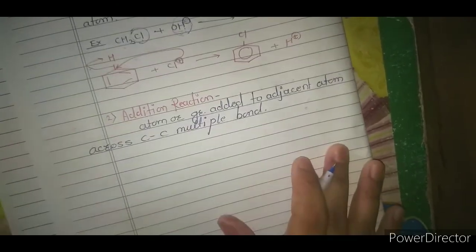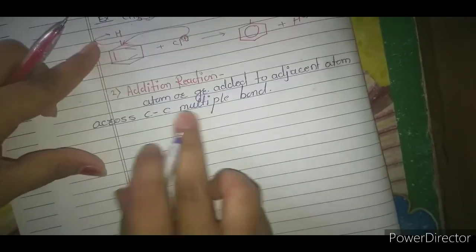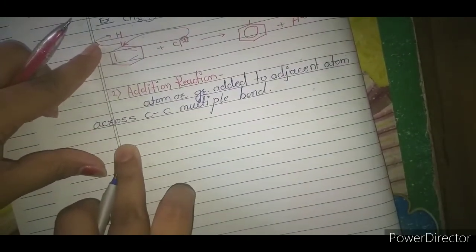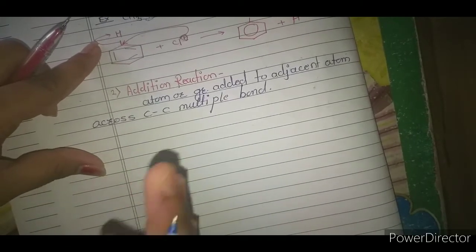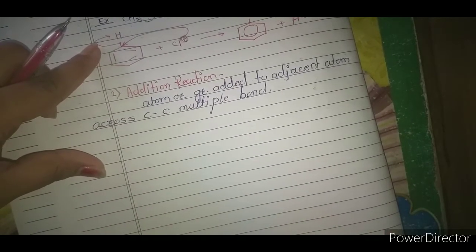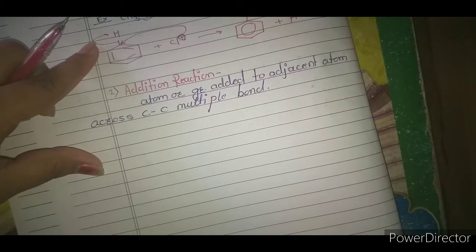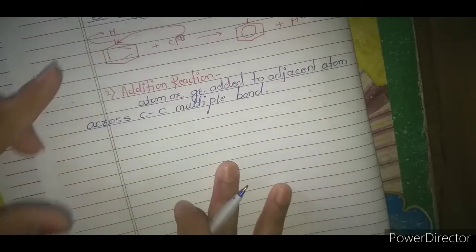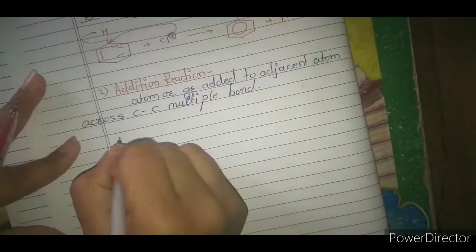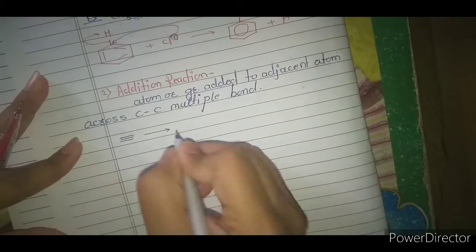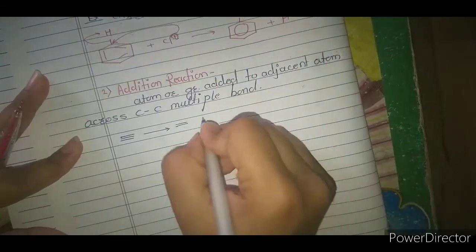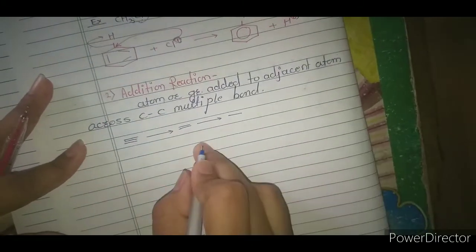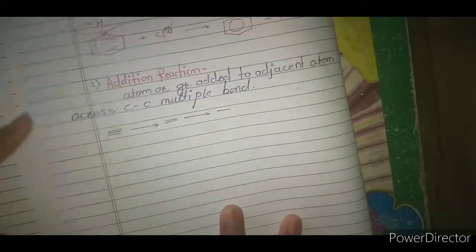Okay. And in addition reaction, the triple bond is converted into double bond, and double bond is converted into single bond. Because in this reaction, what happened? The addition of atom or group across the multiple bond. Okay. So triple bond gets converted into double bond, and double bond is converted into single bond in addition reaction.